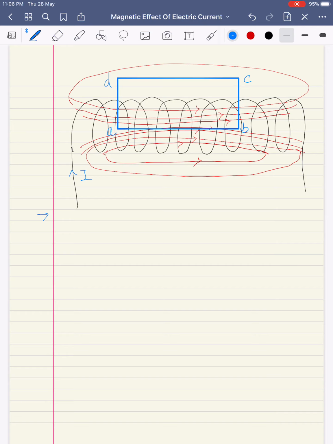So the first thing is, consider a long closely wound helical coil of a conducting wire. Okay.